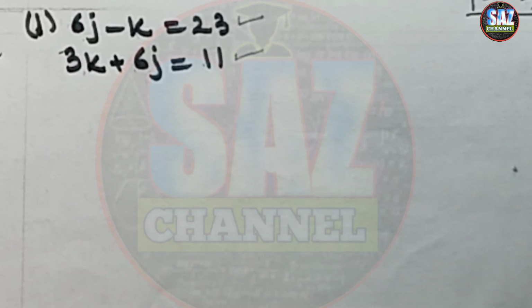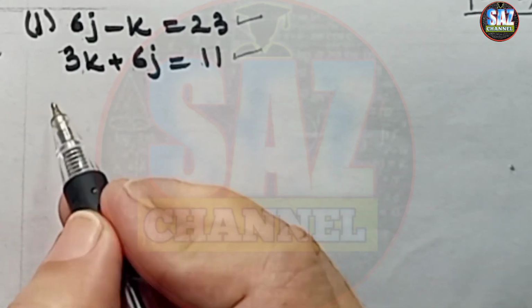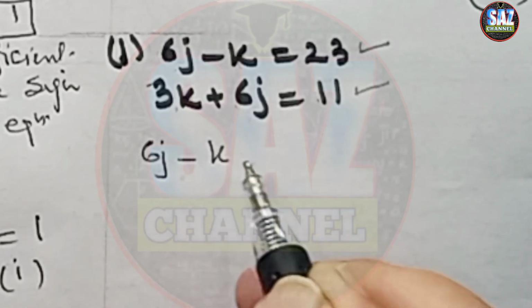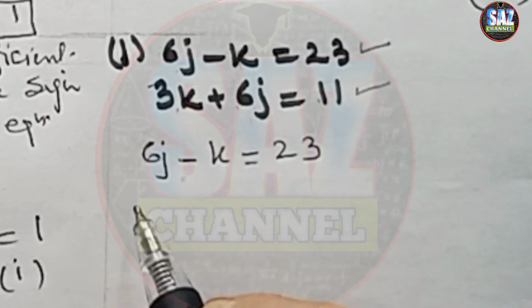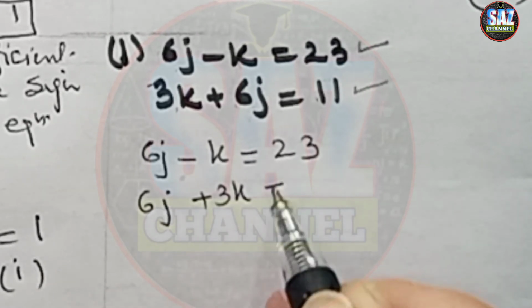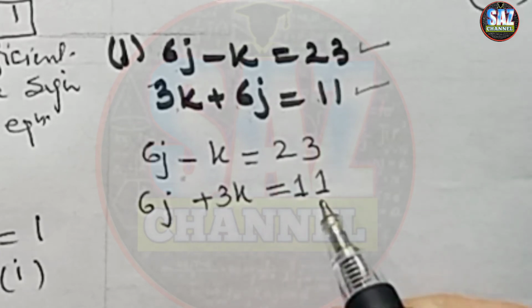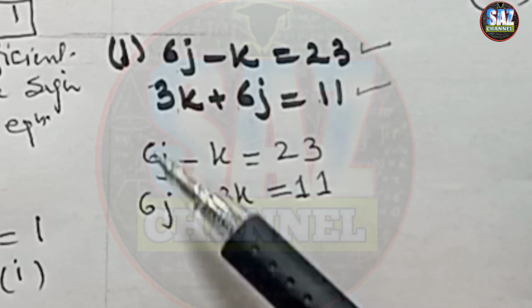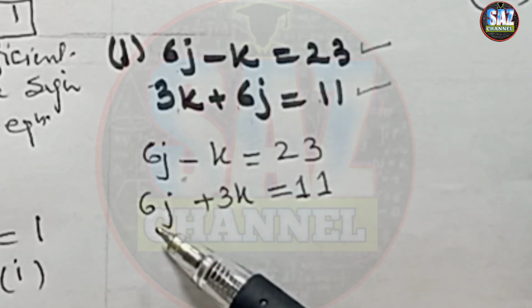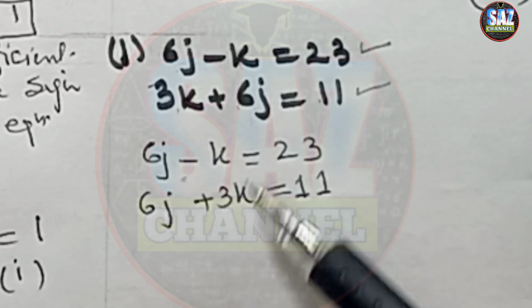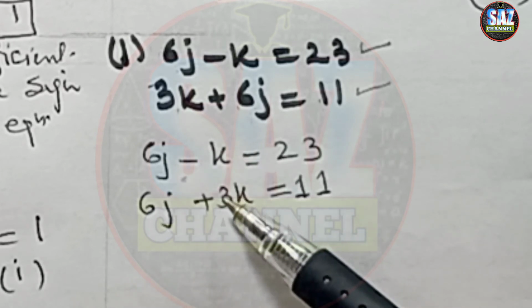So the first step is that I'm going to rearrange the second equation. So equations will take the form 6j minus k equals 23 and 6j plus 3k equals 11. Here I have rearranged the second equation, and after rearranging I have to observe what the coefficients of j and k are in both equations.